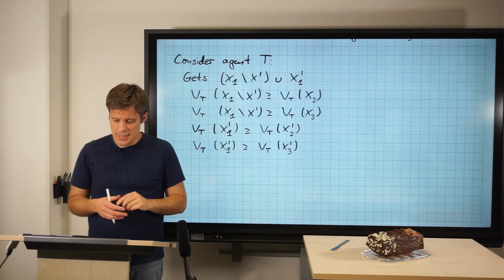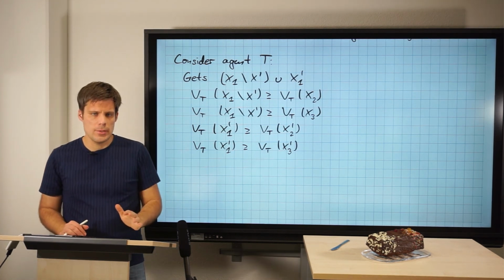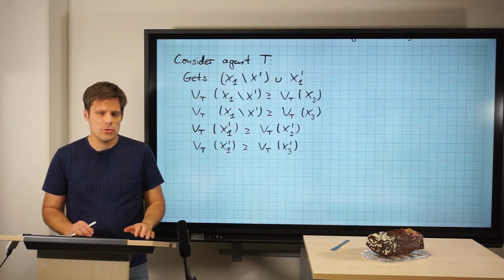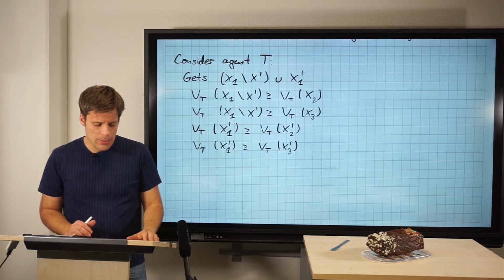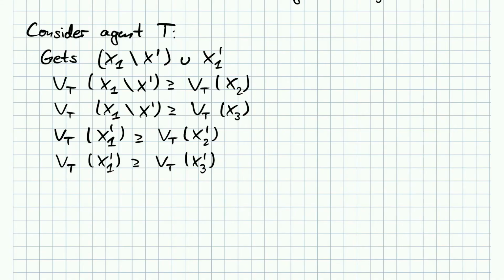Good. This was agent T, which was one of agents 2 and 3. The other one we called agent T bar. So let's now consider agent T bar.